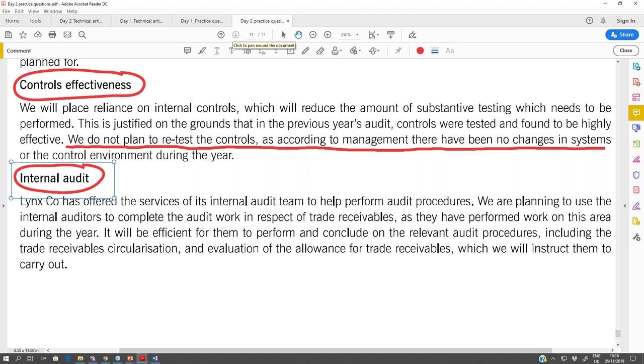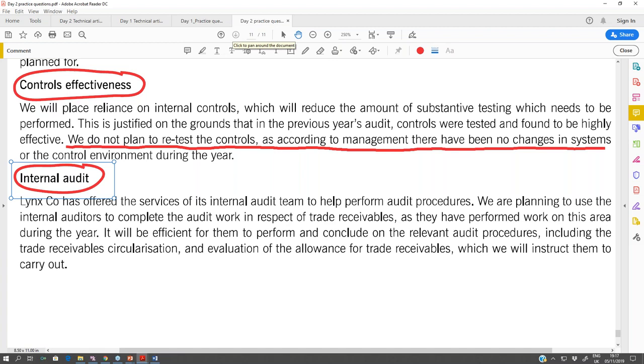We are planning to use the internal auditor to complete the work. But nowhere is it written that before we use the internal auditor, we should consider whether the internal auditor is independent and competent, or whether we can just rely on the internal auditor irrespective.